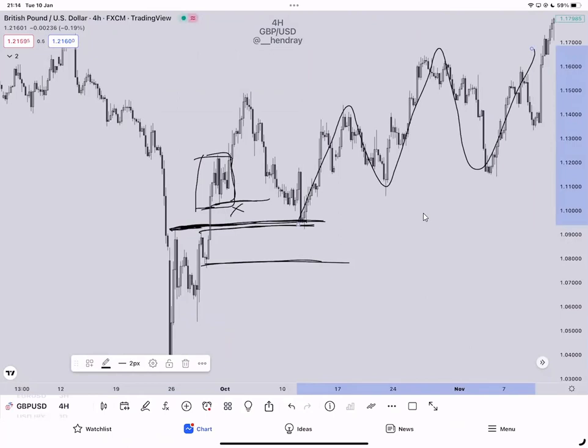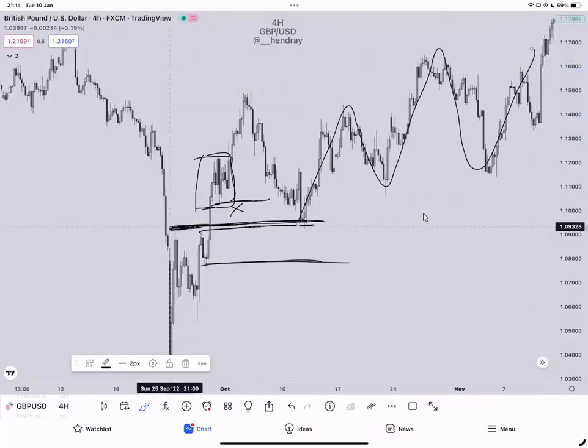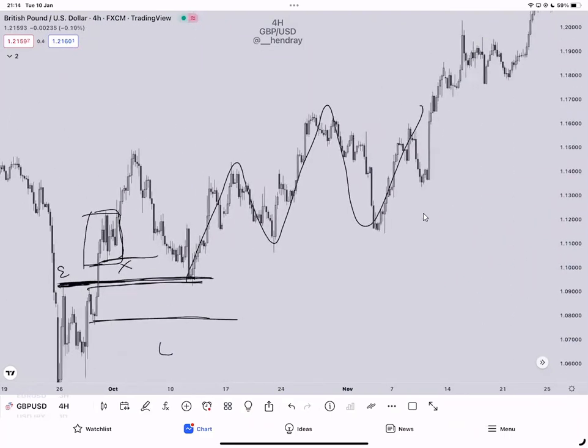In this scenario, that would serve as range structure to this external liquidity here. So price induced it as liquidity, then continued order flow. So that is unsupported structure. We will have many examples.